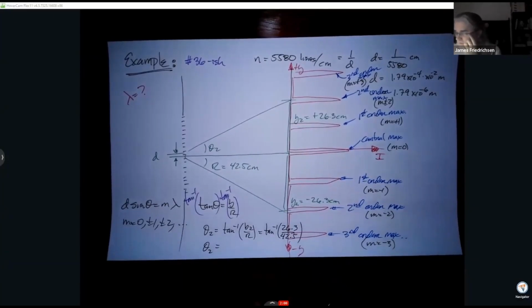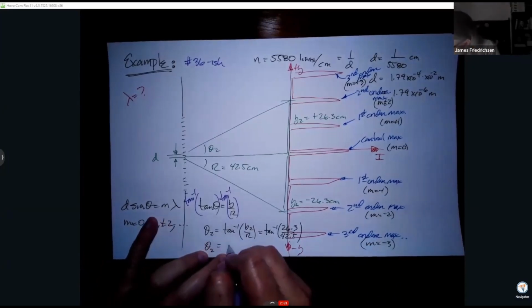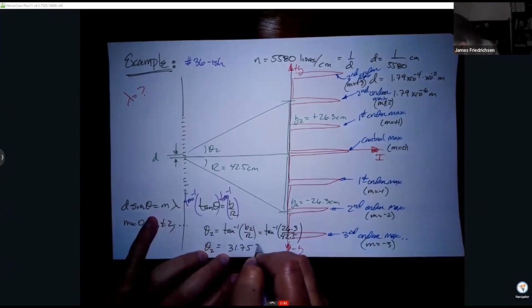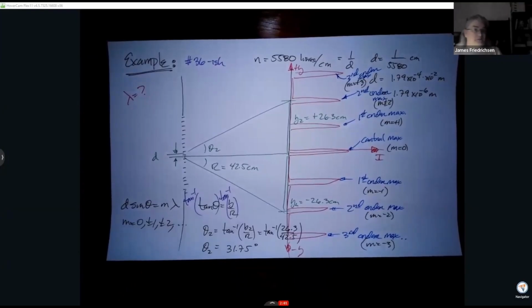Centimeters and centimeters cancel. 31.75 degrees. Definitely not a small angle now.